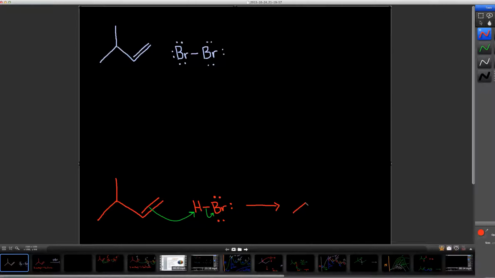I actually produce an intermediate, a carbocation, that is capable of rearranging, and the rearranged carbocation is what accounts for the major product, because it will be attacked by Br minus.